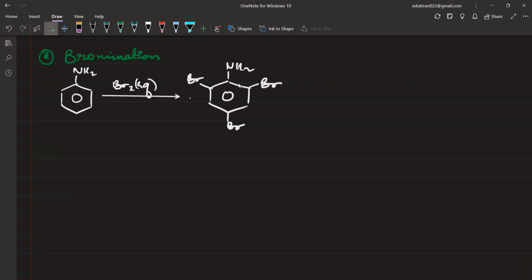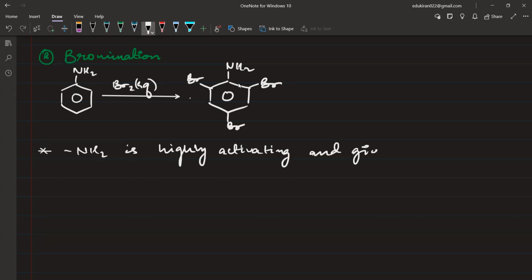NH2 is highly activating and gives a tri-substituted product.